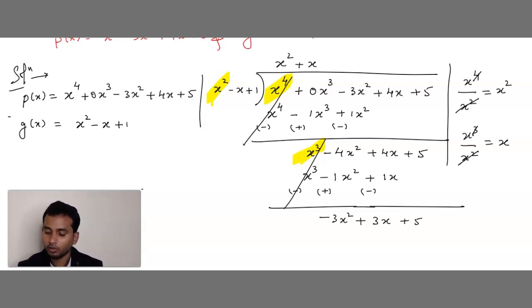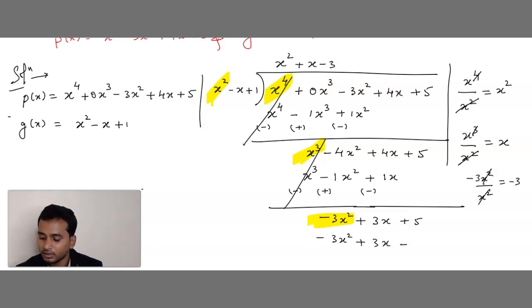Now what is the first term here? Minus 3x square. So that's nothing but minus 3x square by outside is x square. X square get cancelled. So minus 3 right here. Now multiply. Plus into minus, minus x square into 3, 3x square. Minus into minus, plus x into 3, 3x.